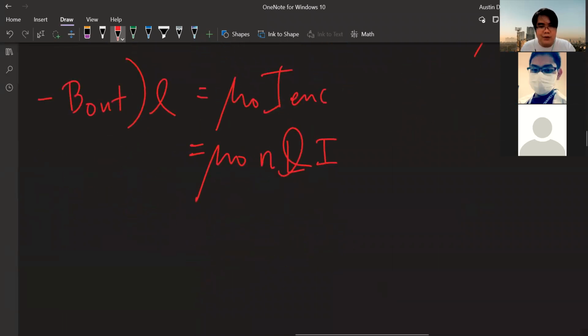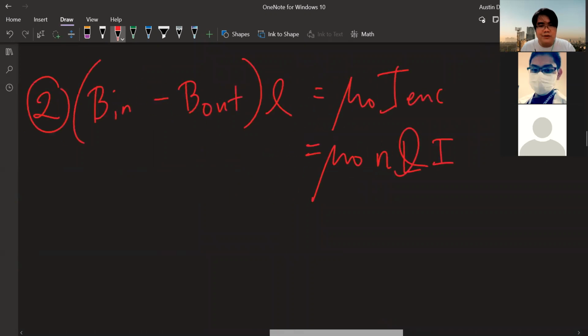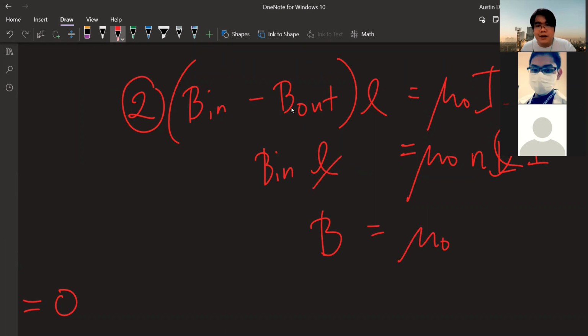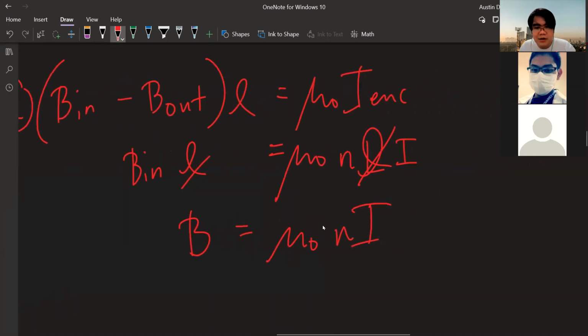And then we know that the B outside is just 0. So, B inside times L. So, we have our magnetic field inside the solenoid, cancel lang L, to be B is equal to mu naught NI.